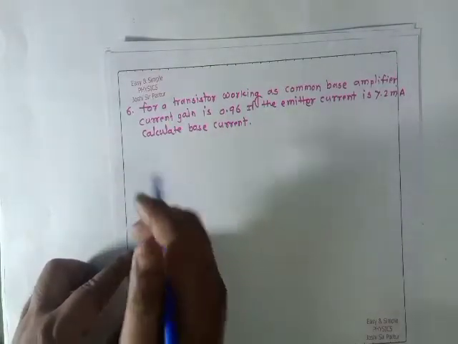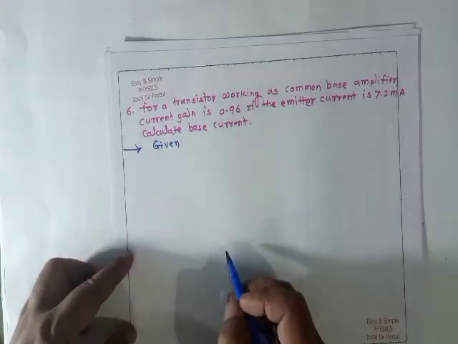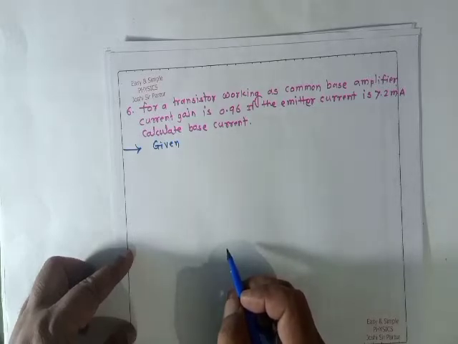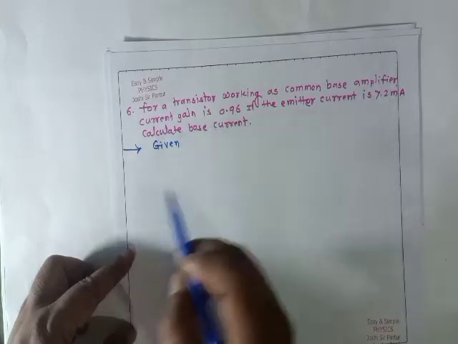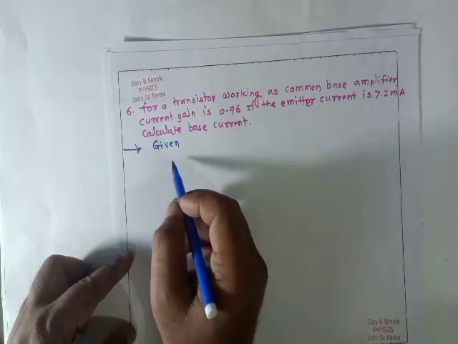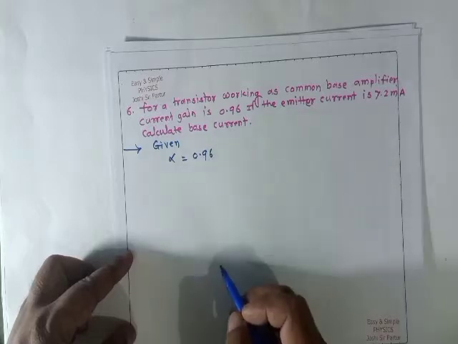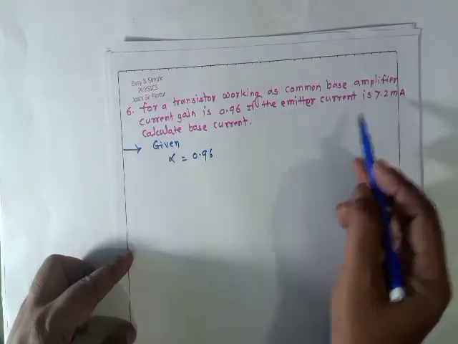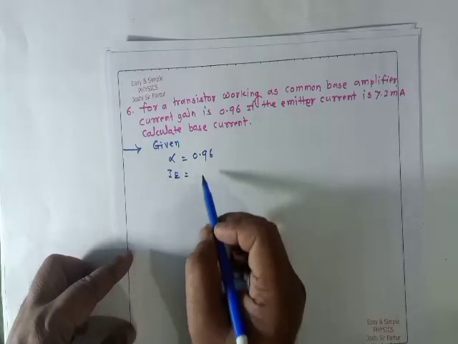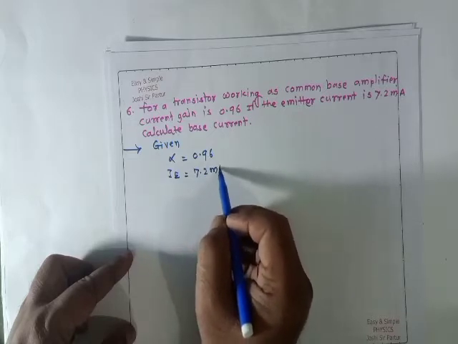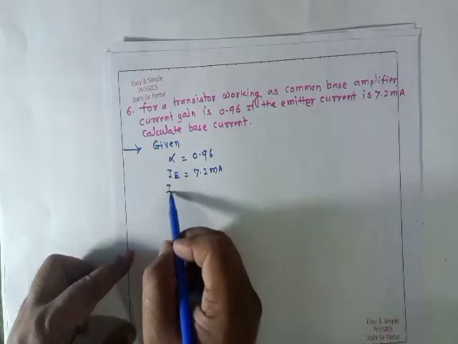So here given, common base amplifier current gain, that will be alpha is equal to 0.96. The emitter current IE is equal to 7.2 milliampere. So we can calculate base current.